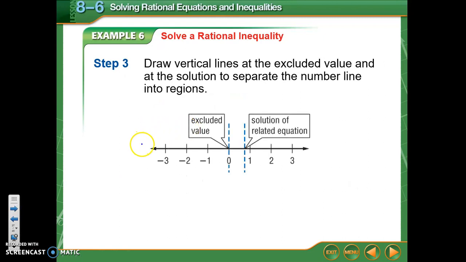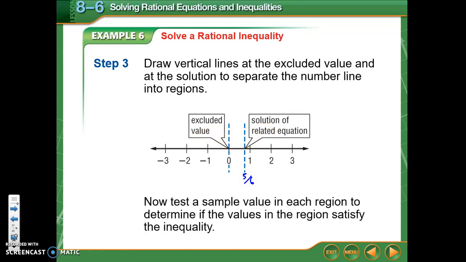So what I do is I just take a number line, I draw a quick number line on my paper, and I separate by where my excluded values are. So I draw a line here, and here's the solution of my related equation. This is where the 5/6 is. So this divides my number line into 3 parts, and I have to test a number in each part to see which regions or which intervals make my inequality true.